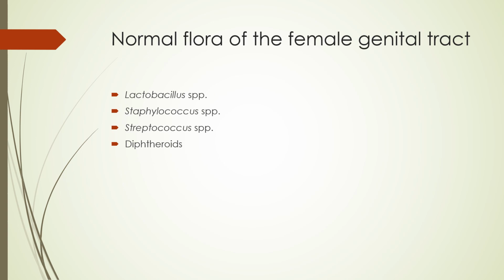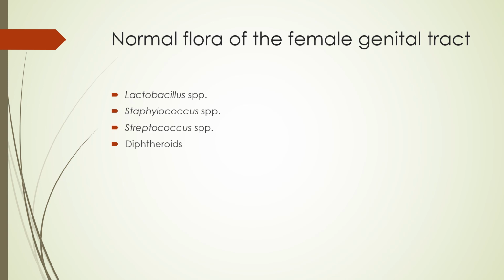Normal flora of the female genital tract would include lactobacillus, staphylococcus, streptococcus, and diphtheroids. Lactobacillus is actually a benefit to the female vagina because it keeps the vagina at a pH of 4.5 because of the production of lactic acid.